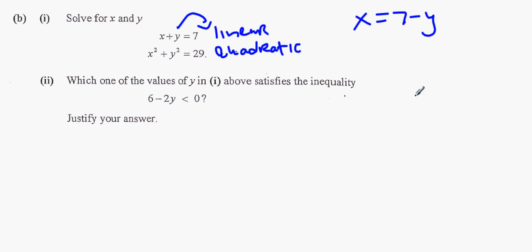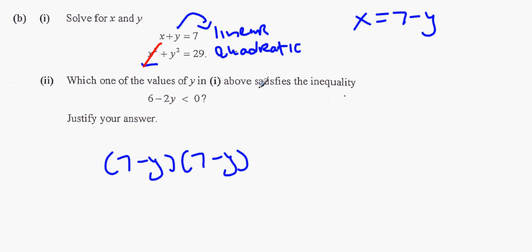I'm going to sub this 7 minus y in place of x in the quadratic formula. So what we're going to get is 7 minus y squared instead of x squared, okay? And 7 minus y squared is 7 minus y multiplied by 7 minus y. So now we have the x squared part done.